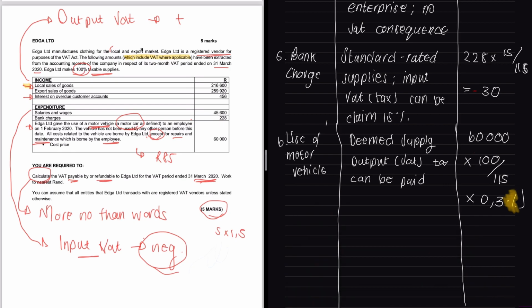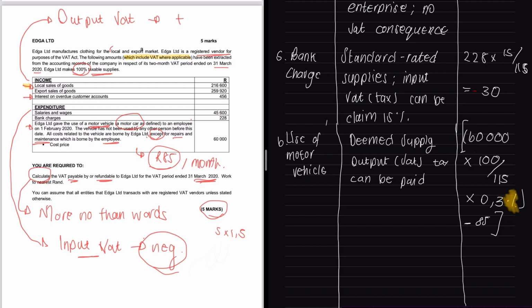All of this has brackets around it because it is then reduced by 85 Rand. Remember we said because the employee pays for repairs and maintenance, we can reduce 85 Rand per month of their fringe benefit. So minus 85 Rand. We can create a bigger bracket around it.